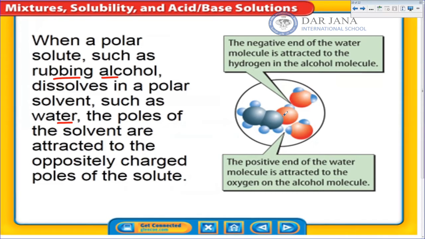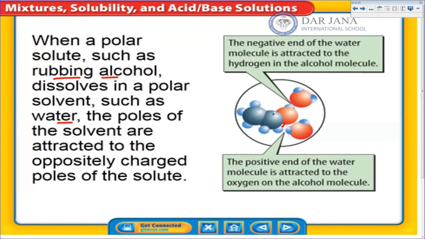So if we have a negative end here, then this negative end is attracted to the positive one in alcohol, while the positive end of water is attracted to the negative one. So the positive is attracted to the negative, and the negative end is attracted to the positive one in alcohol.